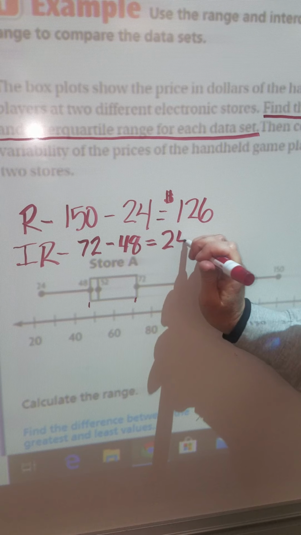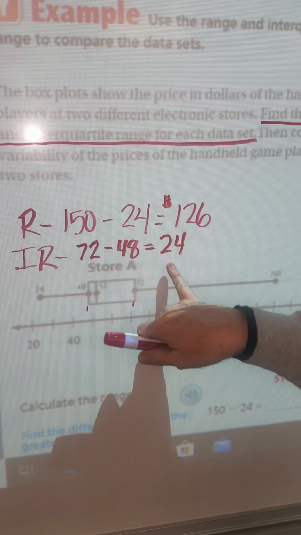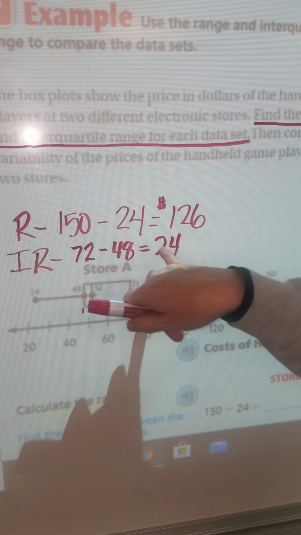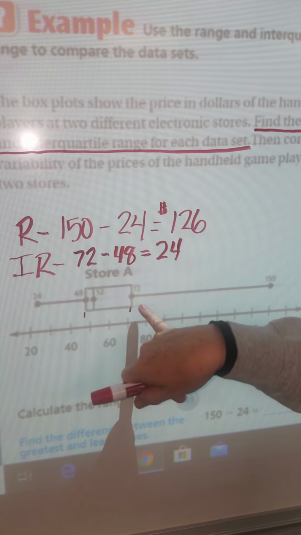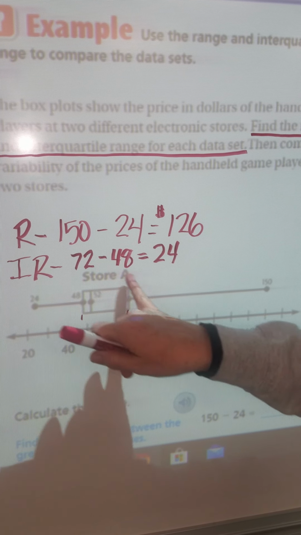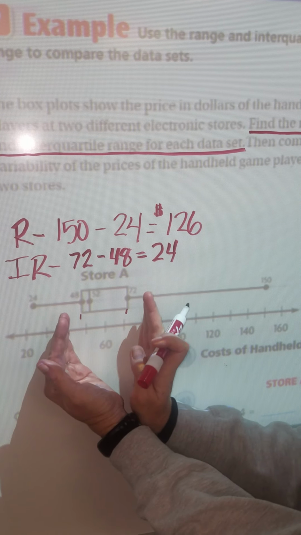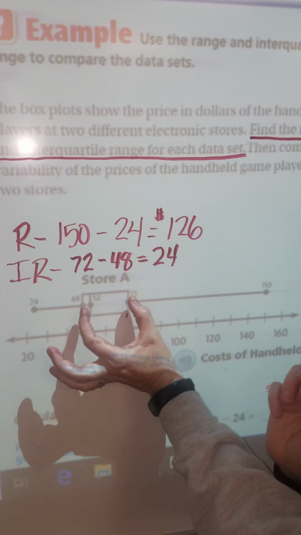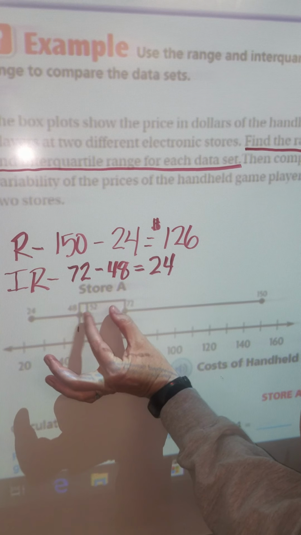I hope. I'm doing math in my head, which is not often a good idea. Boys and girls, that's a lot closer together. And looking at that box plot, that's not really surprising. It's kind of scrunched, which means we have a lot of data in that small space right there.